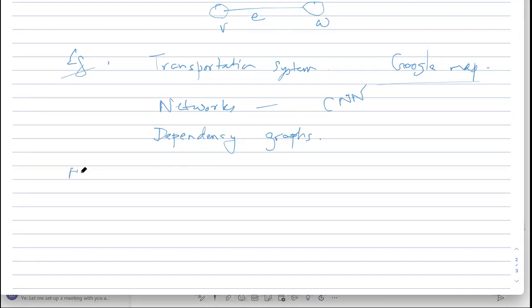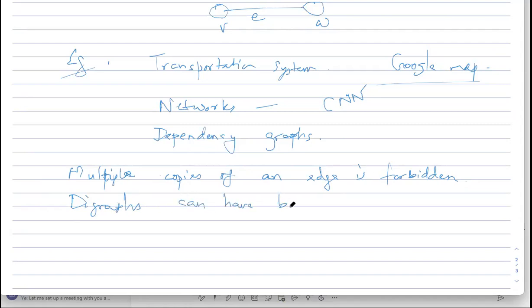An important point to note here is that multiple copies of an edge is forbidden. And digraphs, the directed graphs, can have both VW and WV.